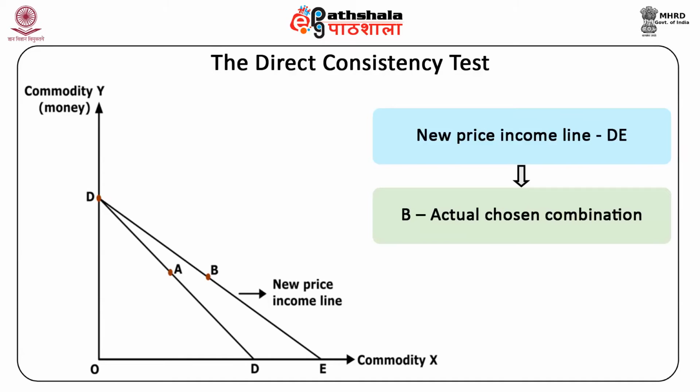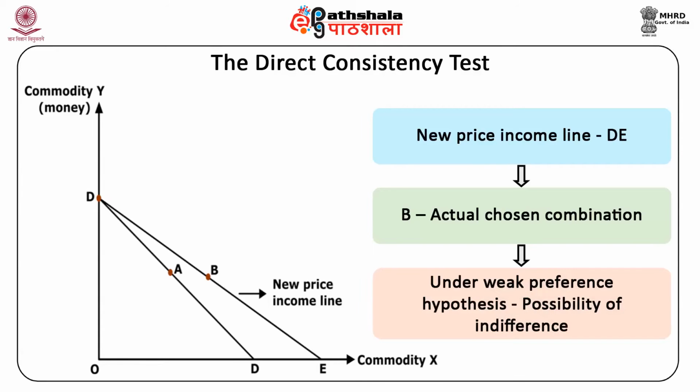The preferences of the consumer in both situations must be consistent with each other. The consumer behavior is said to be inconsistent if he reveals his preference for combination A over combination B in situation A, while in situation B he prefers combination B over combination A, when both combinations A and B are available to the consumer in both situations. But under the weak preference hypothesis, the possibility of indifference has to be taken into account.